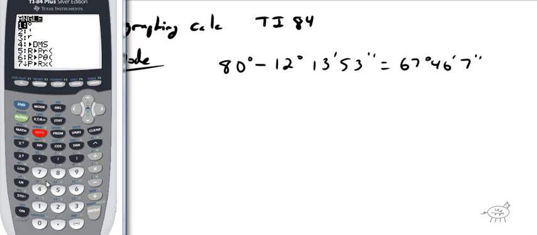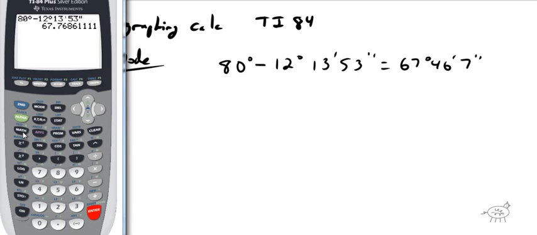It's a bit of a process here. You can cursor down to the 2 or just hit 2. And 53 seconds, remember you have to hit alpha plus. If I hit enter right now, it gives me 67.768611111.